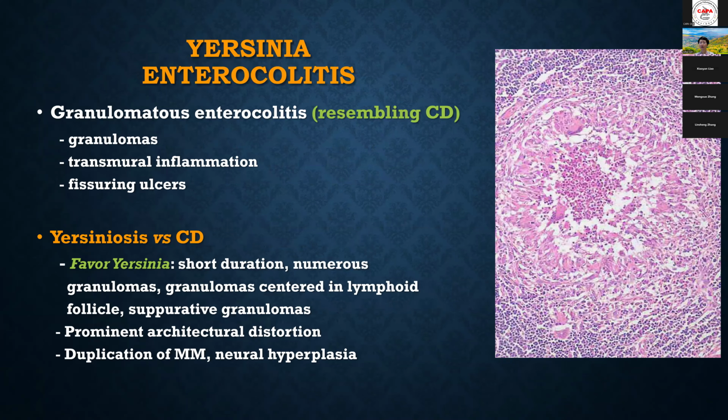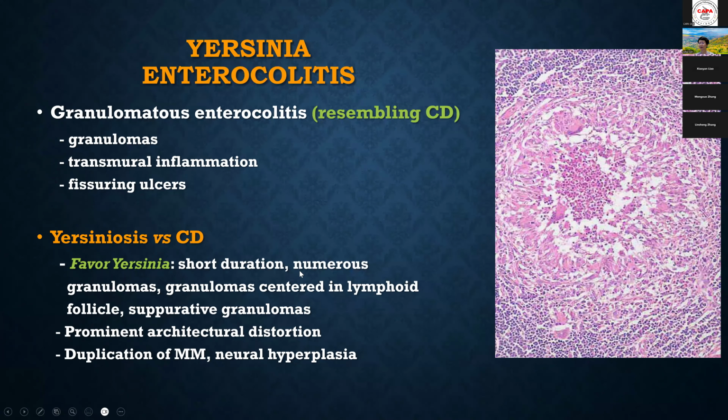And for infectious causes, another thing we need to know is Yersinia infection, right? They can cause granulomatous enterocolitis resembling Crohn's disease. Particularly for Yersinia, the most often affected area is the terminal ileum, which is similar to Crohn's disease. And they have granulomas, transmural inflammation, fissures, which really mimic Crohn's disease. And the important histological feature is, first, you see a lot of granulomas.